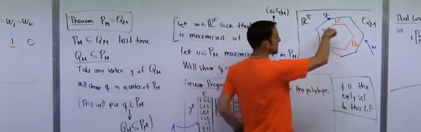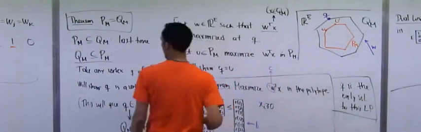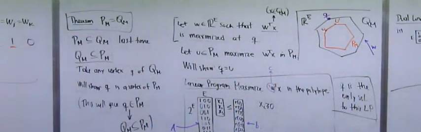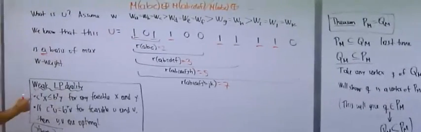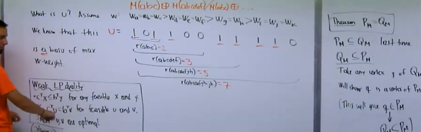You could get a lot of things, but I'm just choosing one of them. Okay? And so that's why I said we know that this is a basis of maximum W weight. I don't know that it's the only one, and it might not be, but it's a basis of maximum weight. So that's the U that I'm going to try to plug into the theorem here.